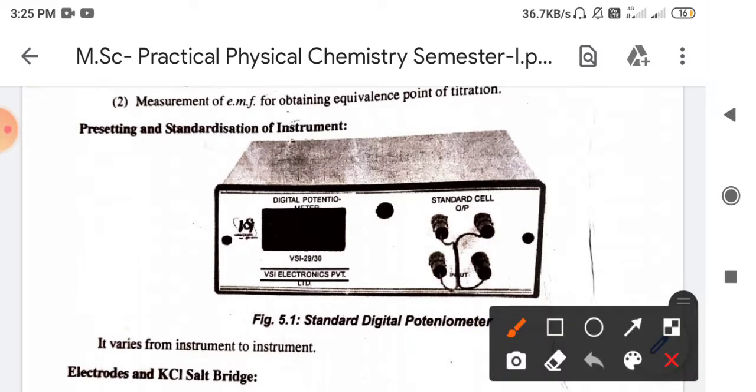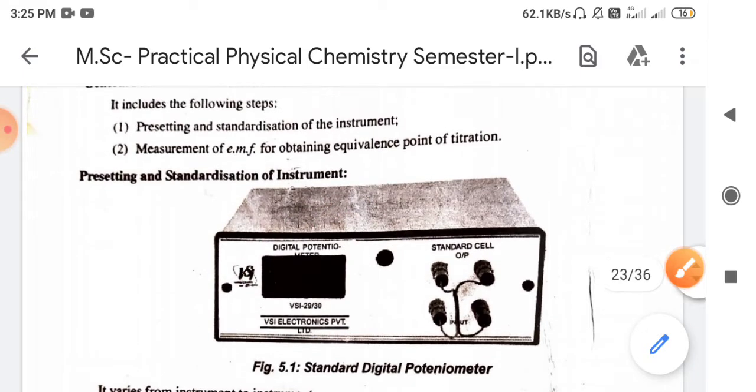For this we need to insert the keys. If we use those keys for the standardization, you should get 1.018 as the reading if we are standardizing the potentiometer.